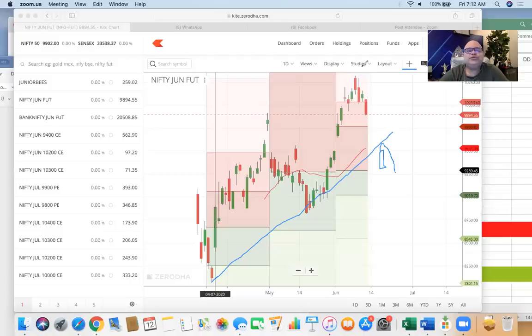My sense is we should make some sort of a congestion zone, and from there you'll have to take it, because chances are that most of the short side will get done early in the morning. That should be it. Take care, trade well, and do not get sucked into short positions at lower levels.